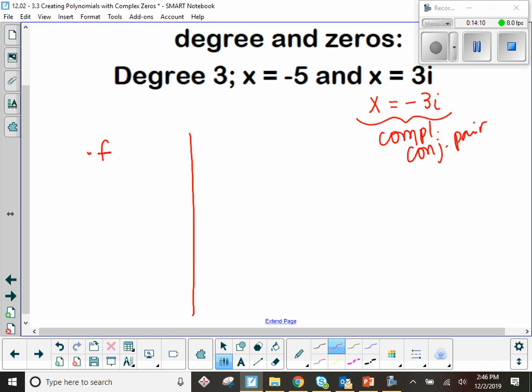So here's how we use them to get our polynomial. The first thing we want is our factored form. What factor gives me x equals negative 5 as a 0? What factor do I get from this? x plus 5.